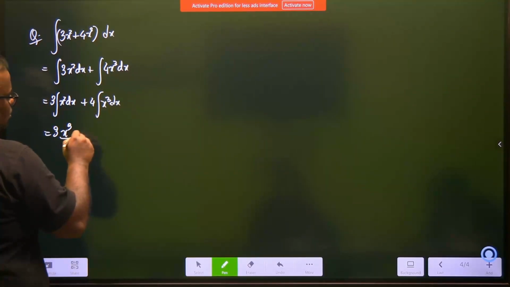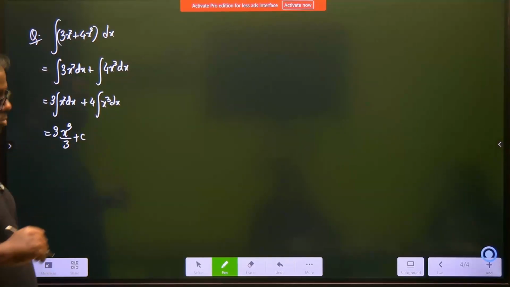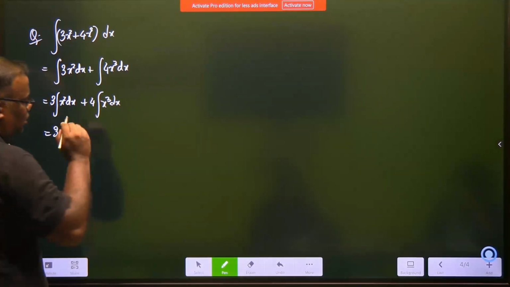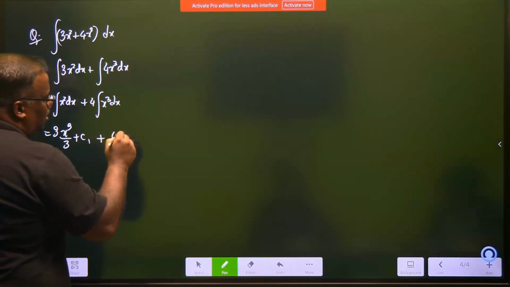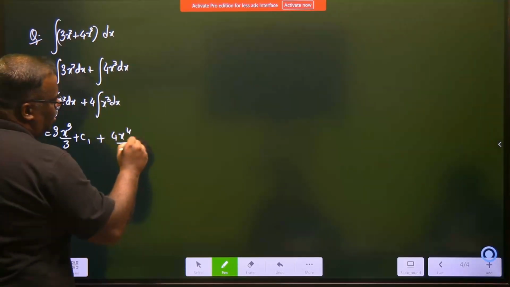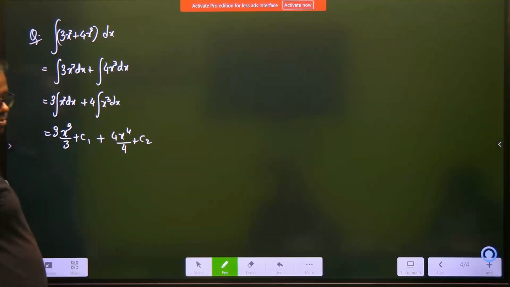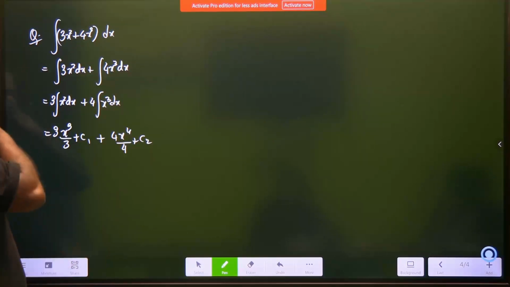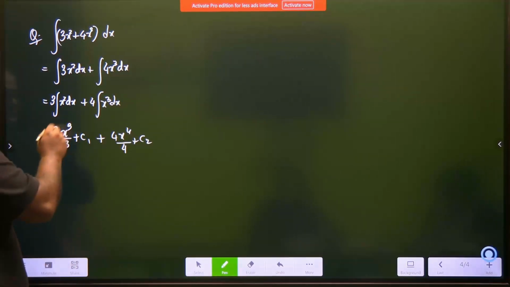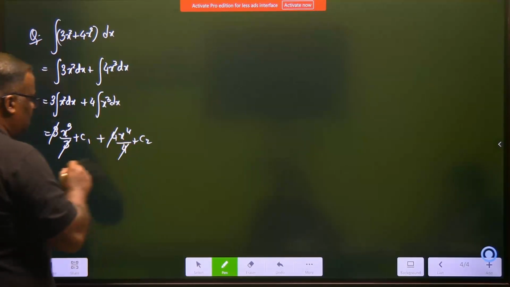Now I should get a constant. There are two expressions, so let me put a constant C1 for this, and 4x to the 4 by 4 plus C2. Sure? 3 and 3 cancel each other, 4 and 4 cancel each other.